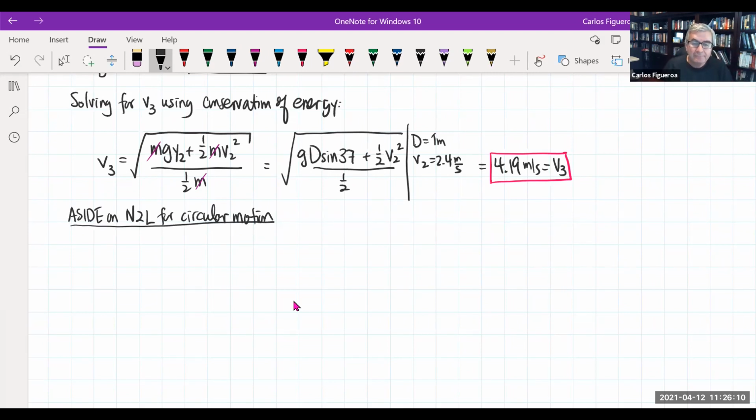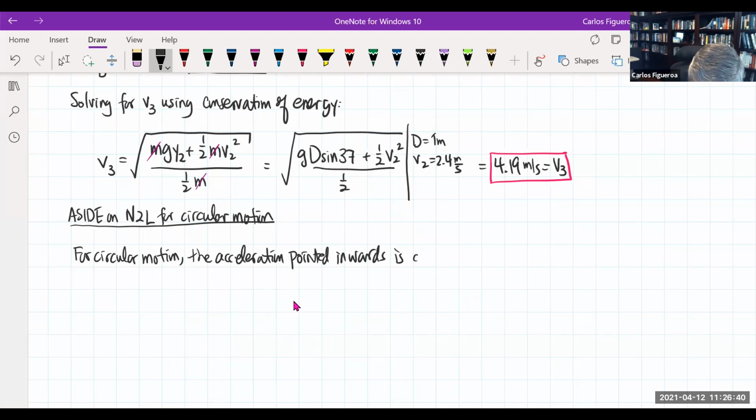So let's look at this thing here. What we find here is that for circular motion, the acceleration pointed inwards is called the centripetal acceleration.